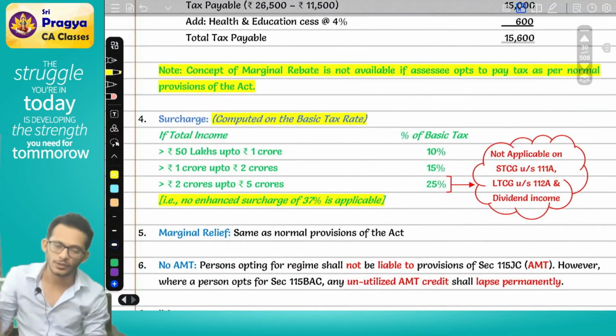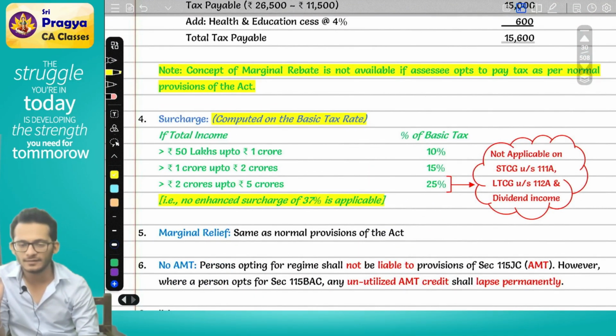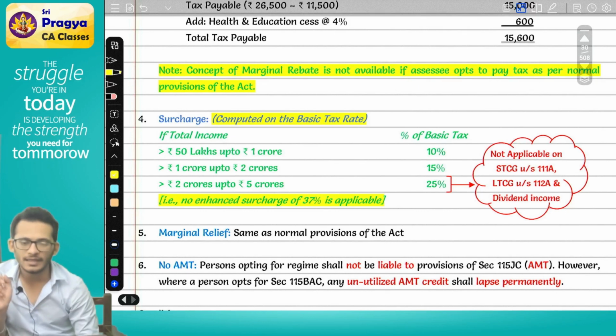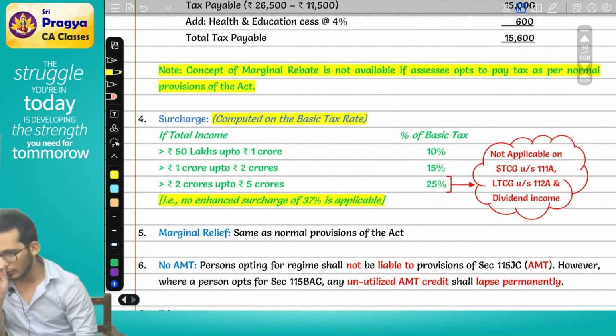If you notice, I have put a note also. In the next page, the note says: the concept of marginal rebate is not available if the assessee opts to pay tax as per normal provisions of the Act. Do you see the note? This will be highlighted in your important highlighter. Change your highlighter.